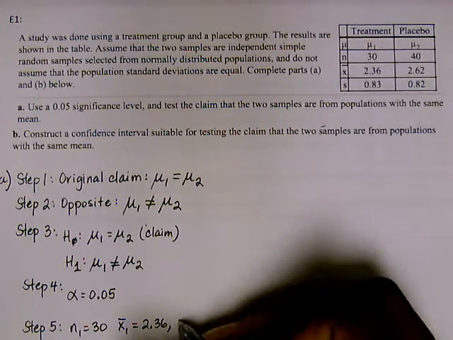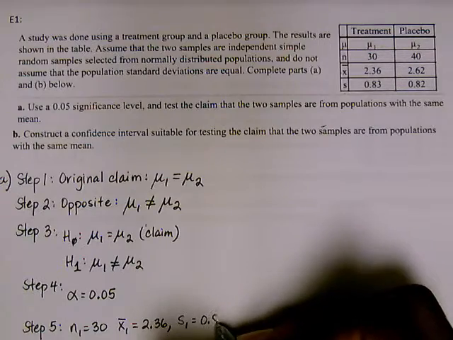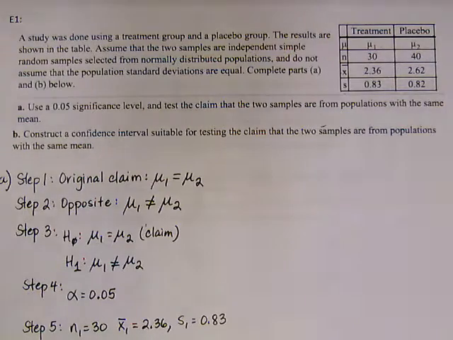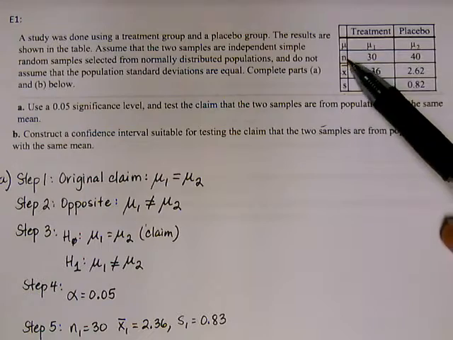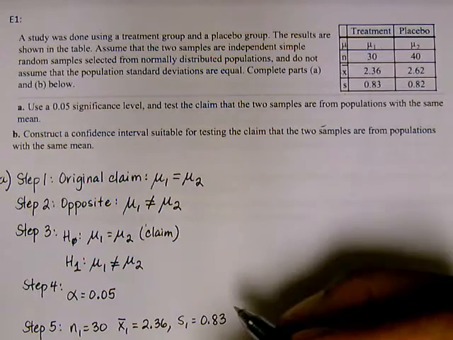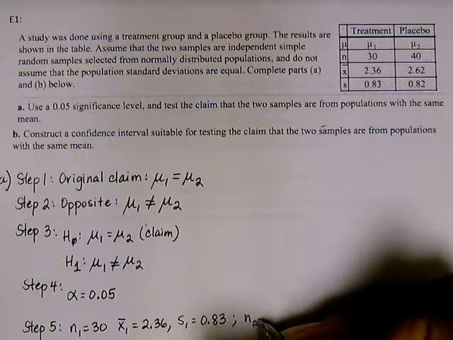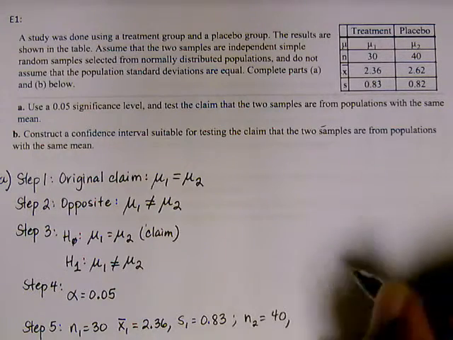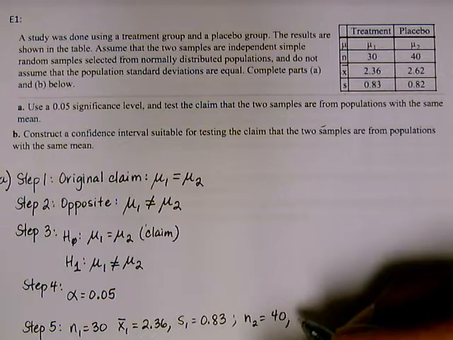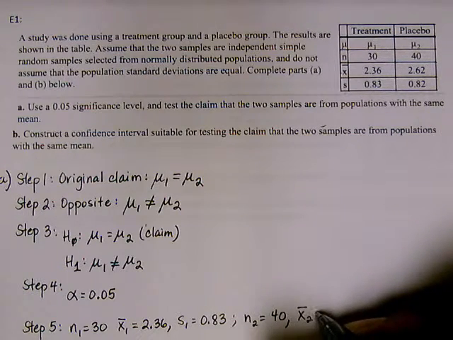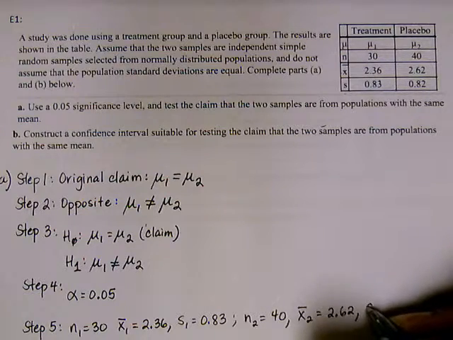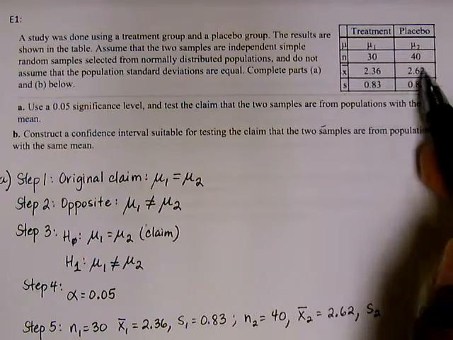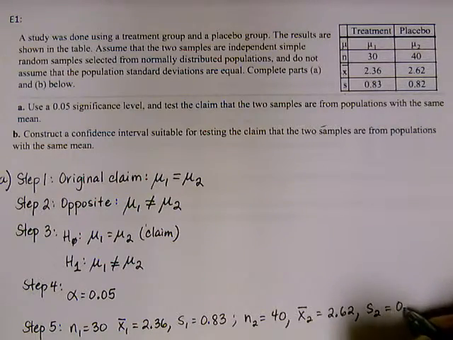S1 is going to be 0.83. Now for the placebo, they're letting mu sub 2 be the placebo, so that means that n sub 2 will have to be 40. And X2 bar will have to be 2.62. And S2 will have to be 0.82.